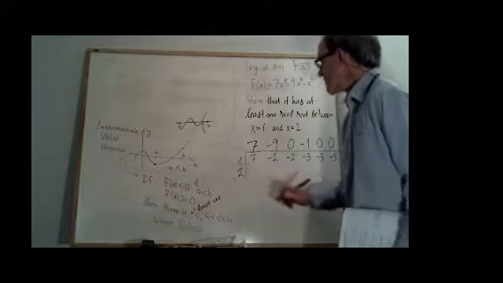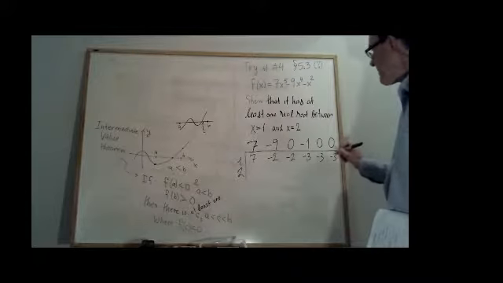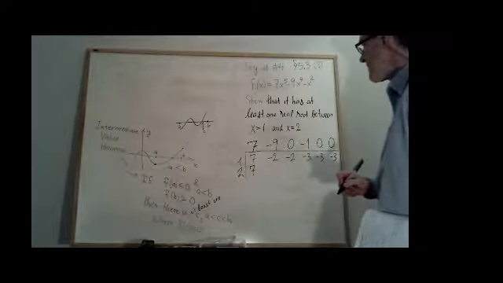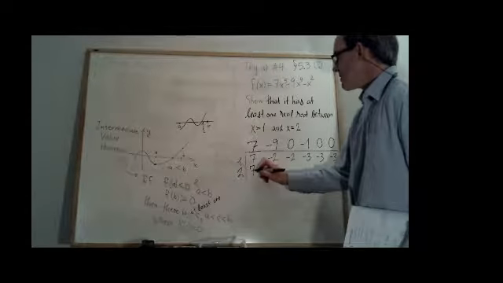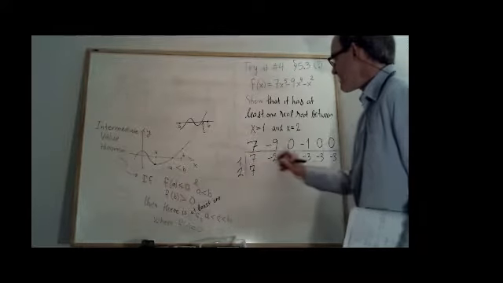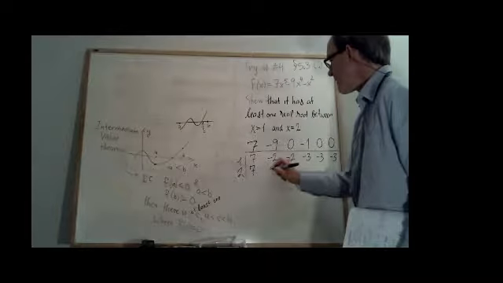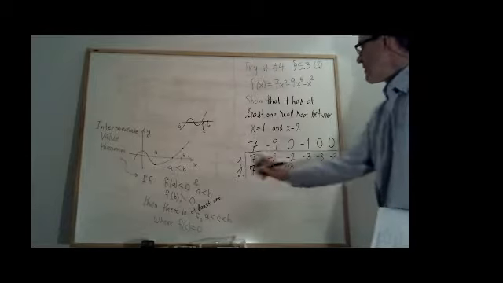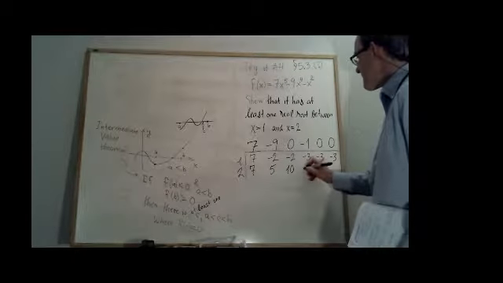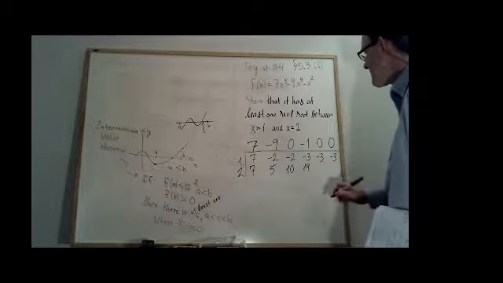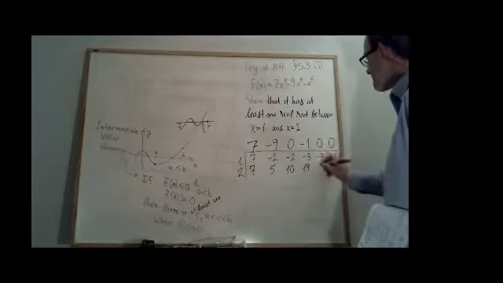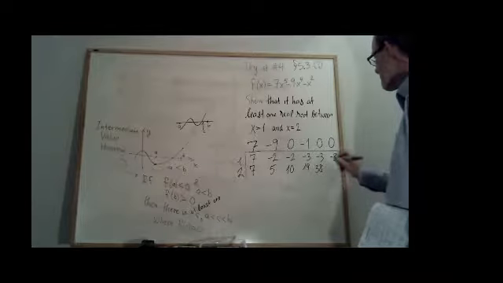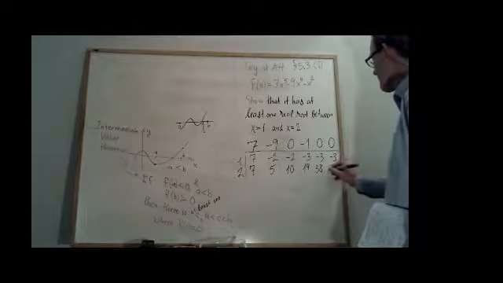But let's see what happens when I put in x equals 2. It's negative here. So if I plug in 2, 7 times 2 is 14, minus 9 is 5, plus 0. 5 times 2 is 10, plus 0 is 10. 10 times 2 is 20, minus 1 is 19. 2 times 19 is 38, plus 0, 38. 2 times 38 is 76, plus 0, 76.